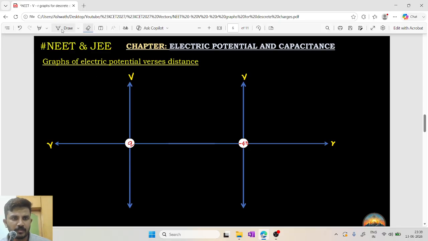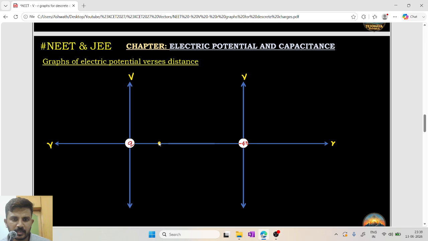we have two null points to be considered. So one is this side, a null point where the potential is 0. Since this charge is lower compared to this, the exterior point where the electric potential is 0 is this point. So the graph will be like this.